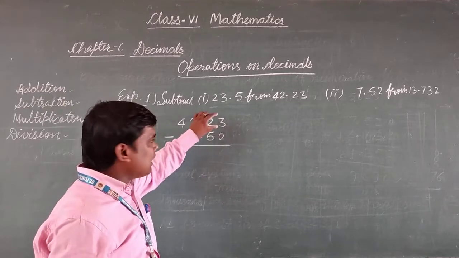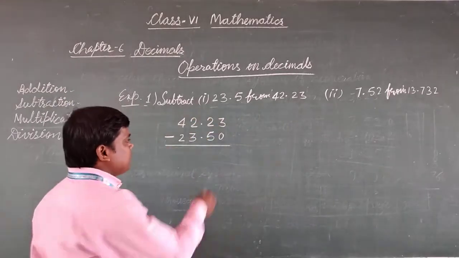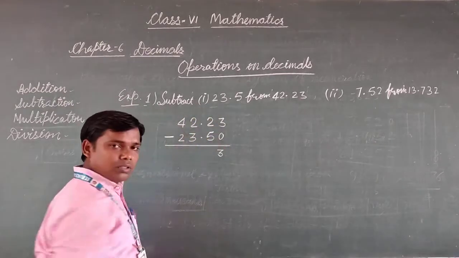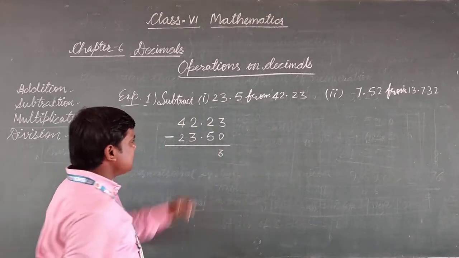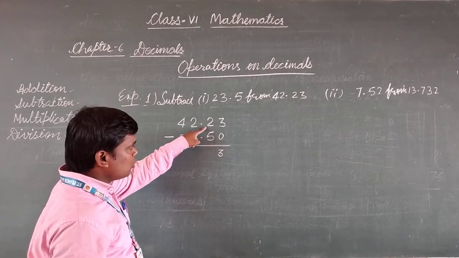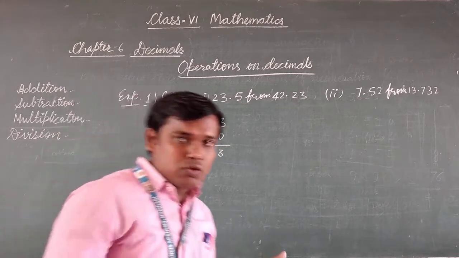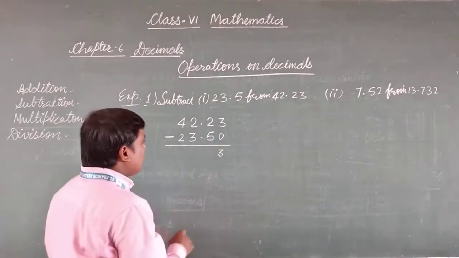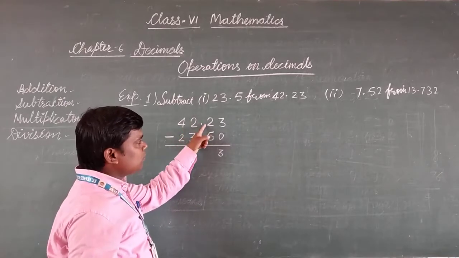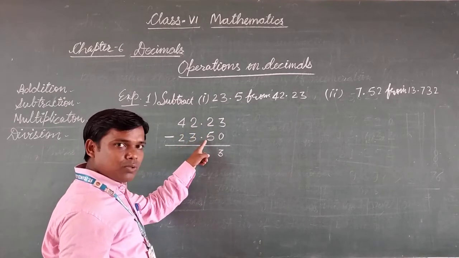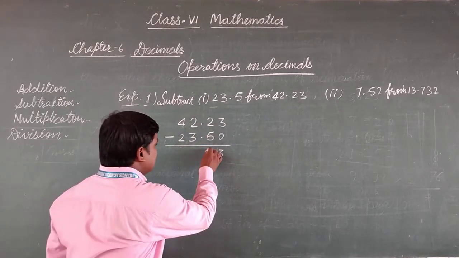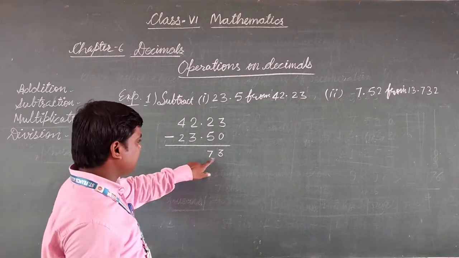We have to subtract 0 from 3. It will be 3, so 3 will be the difference. Now 2 minus 5. Now 5 is greater than 2, so we cannot subtract, so we will take a borrow. 1 borrow we take here, so it will become 12. Then from 12 we subtract 5, it will become 7.